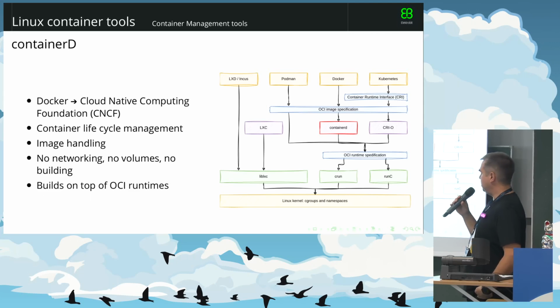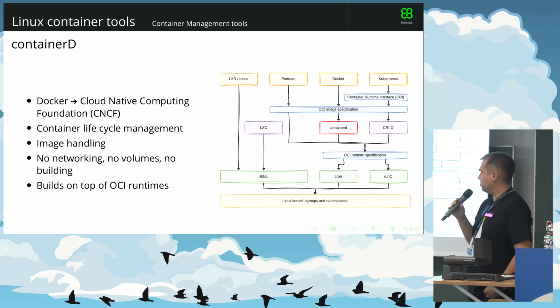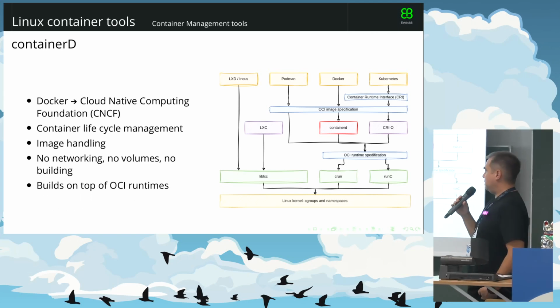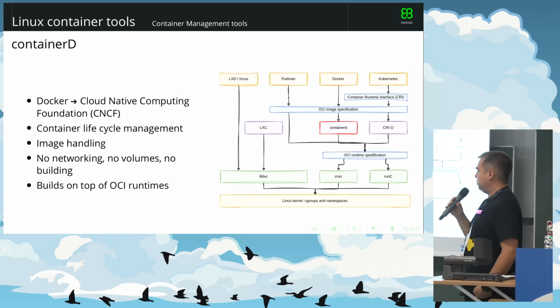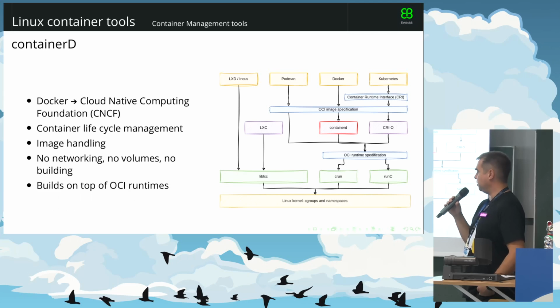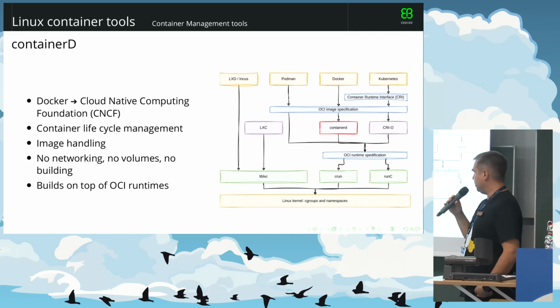containerd implements large aspects of the Docker container lifecycle management. It includes the image handling, but it's a bit incomplete. It excludes the network namespace solution. So if you want to use network namespaces and only containerd, you bring your own solution for the network namespaces, and you also have no solutions for volumes, which may or may not be a nice feature depending on your needs.